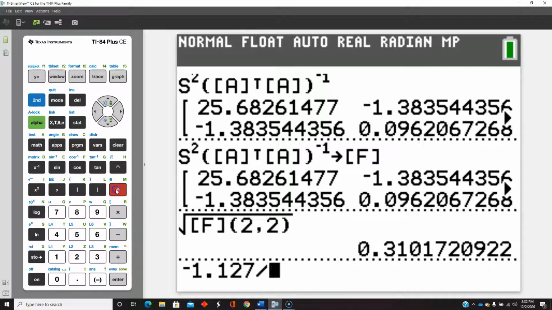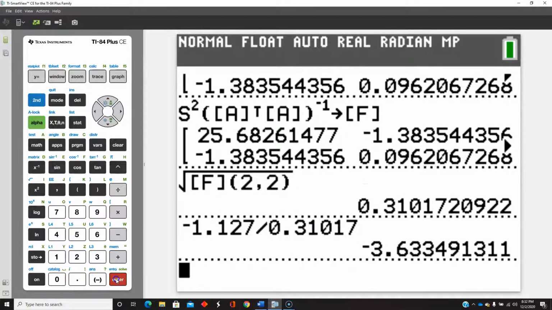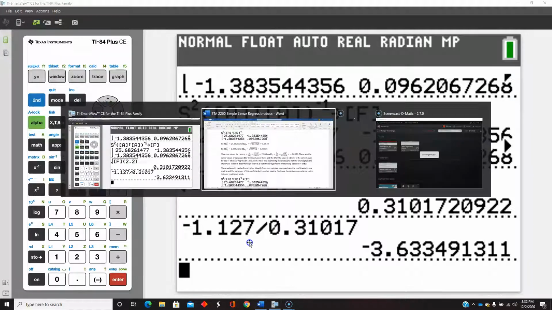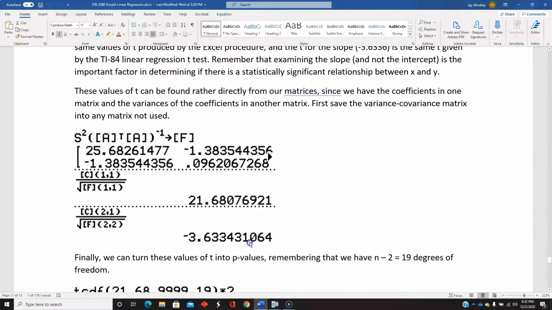And so if I divide that by the standard error of the slope, which is 0.31017, that's the t that we saw on a couple of the different printouts of negative 3.63. So it's a little bit tough to get to that t, but the point is that you can get to the value of t that we saw on the regression output just by doing matrix manipulation also.